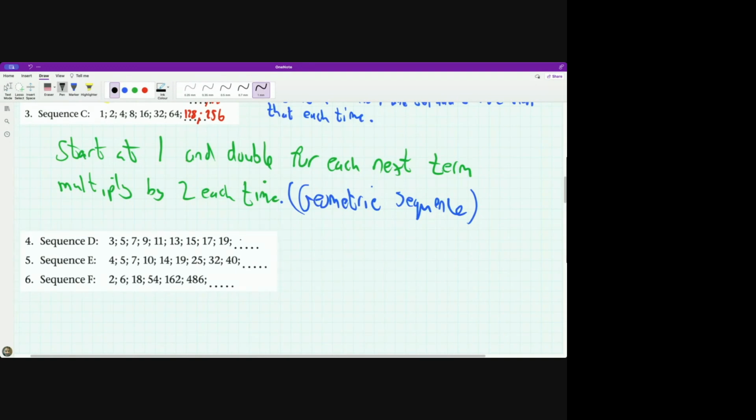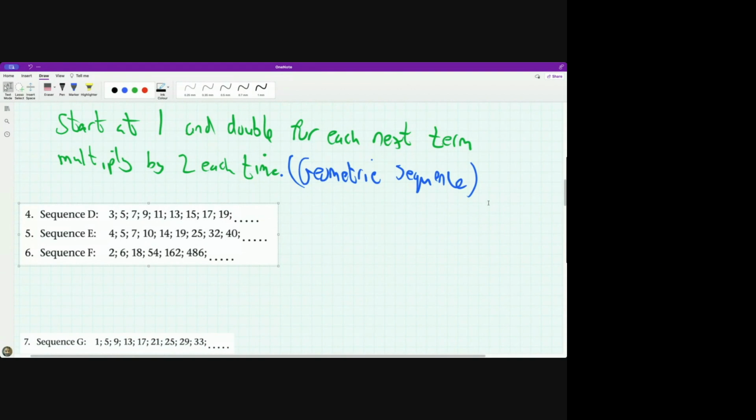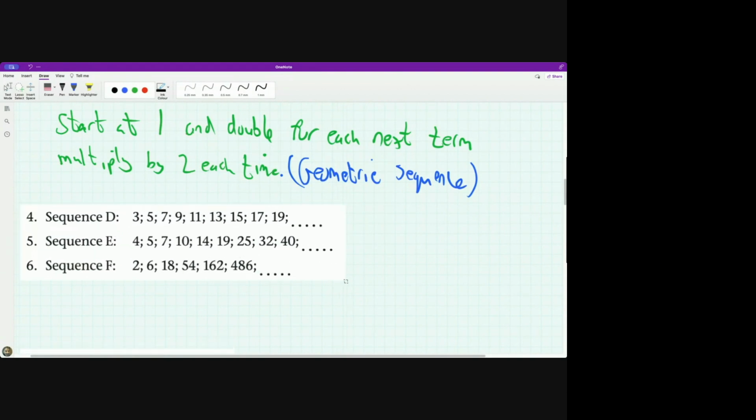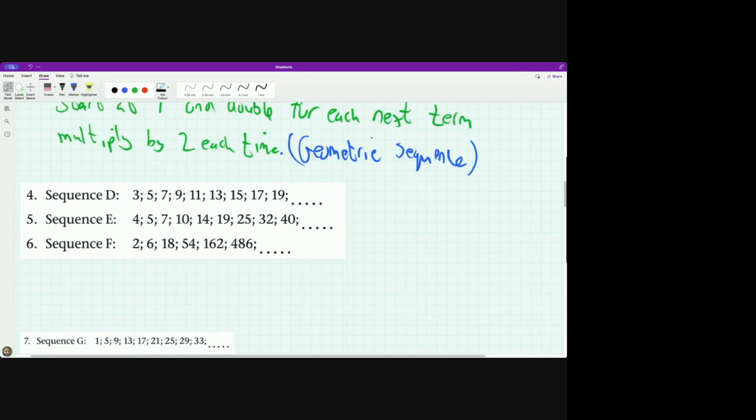And I also want you to tell me what type of sequence or number pattern is 4, what type of number sequence is 5, what type of number sequence is 6, and also produce the next number in the list. So over to you, guys and girls. You figure out what's going on there.